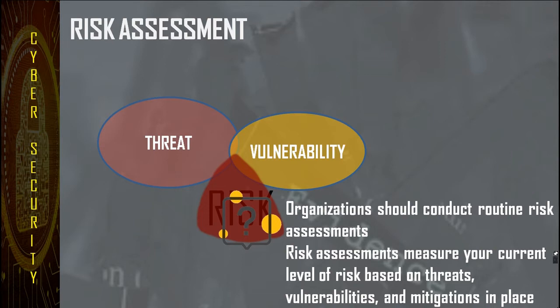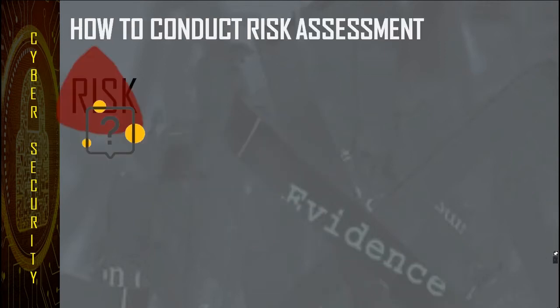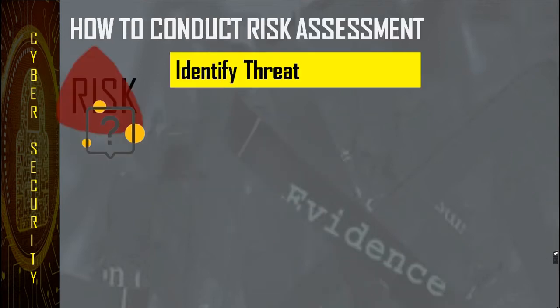The second step is to identify the vulnerability. During the identification of threats, we generally look external to the organization, but identifying vulnerabilities focuses on internal factors. Our focus is to match up vulnerabilities to the threats identified.